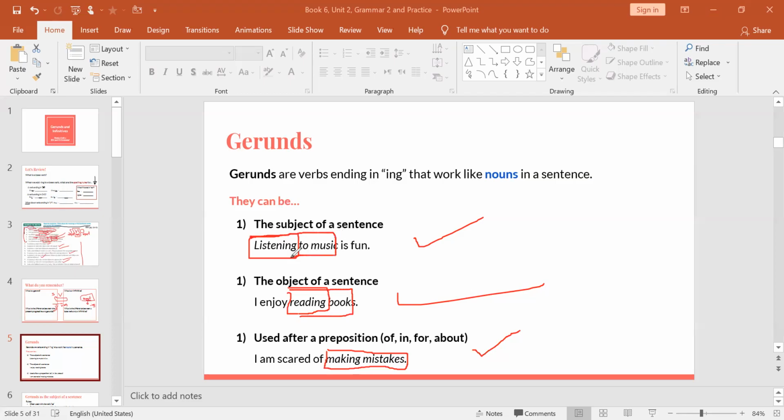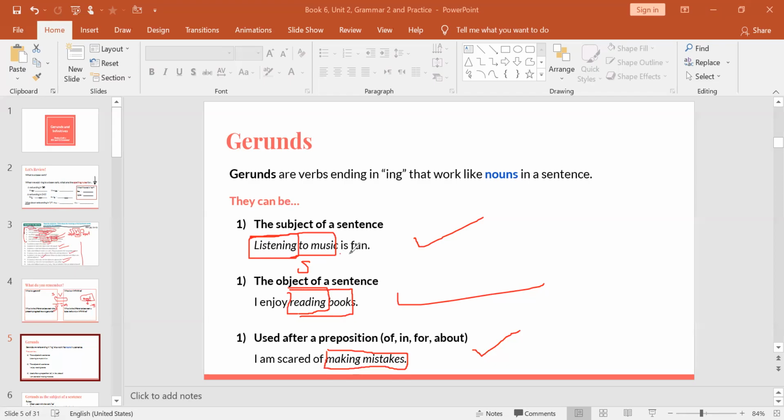So listening to music is fun. This is functioning as the subject, because the head of this noun phrase is listening, right? It's a verbal noun, but it's nevertheless functioning as a noun. And this music is subordinate to the listening, the verbal noun.